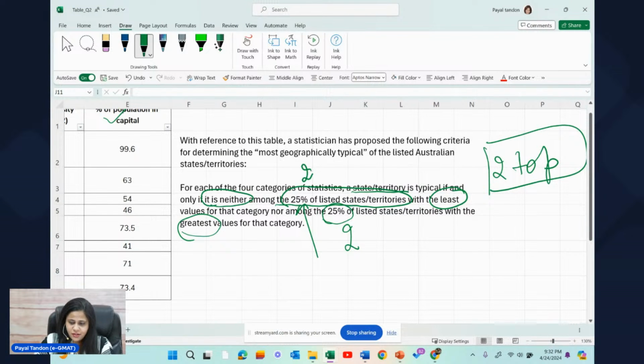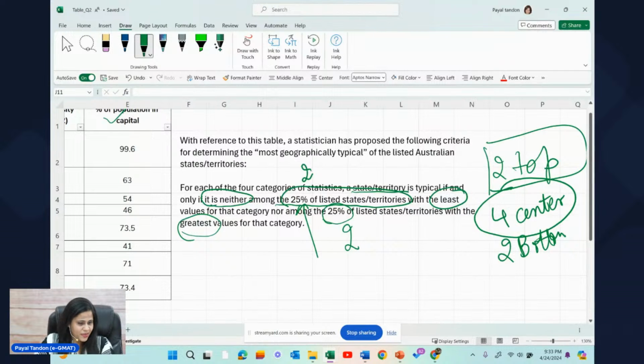So neither in the top 2 nor in the bottom 2, which means how many are left? These are the 4 center ones or the 4 middle ones. Okay, so that is what your translation of most geographically typical is, right?